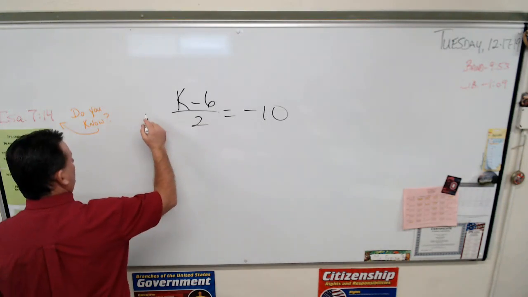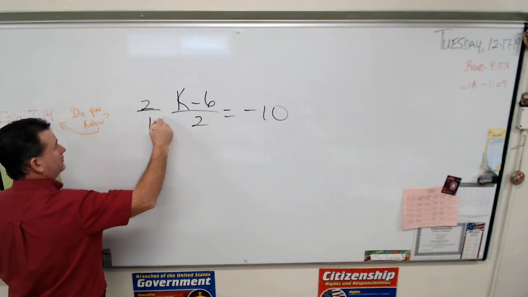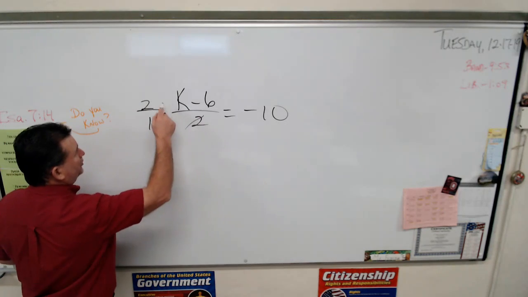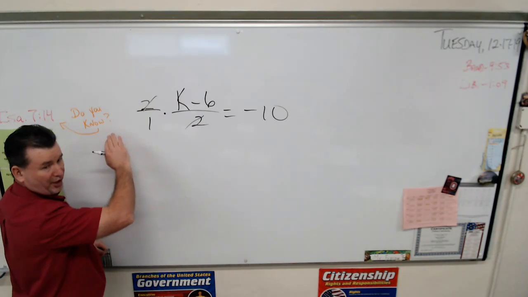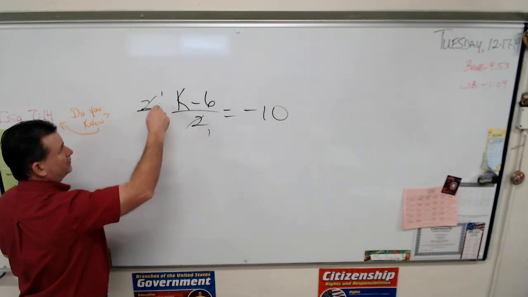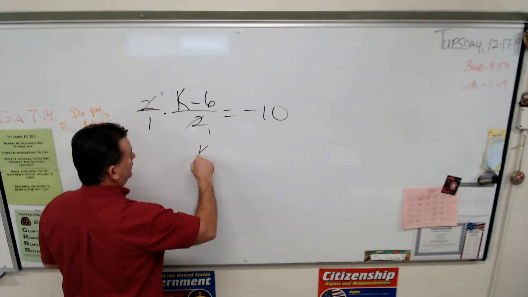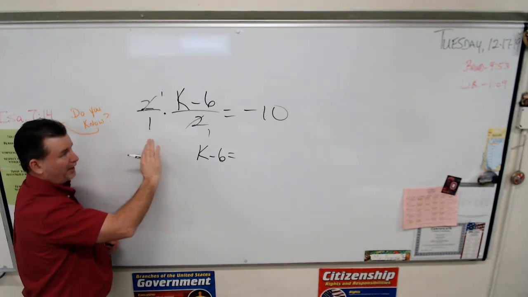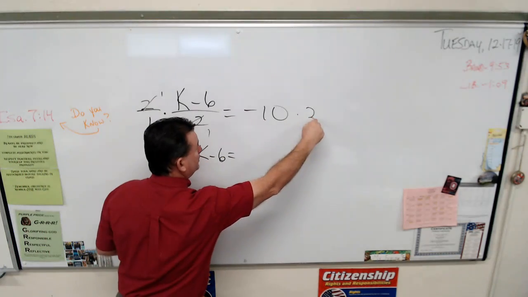So what if I was to go like this? If I was to multiply this left side by 2, these would cancel each other, and I'd be left with just K minus 6 over 1, or K minus 6. If I multiply this side by 2, though, I've got to multiply that side by 2.